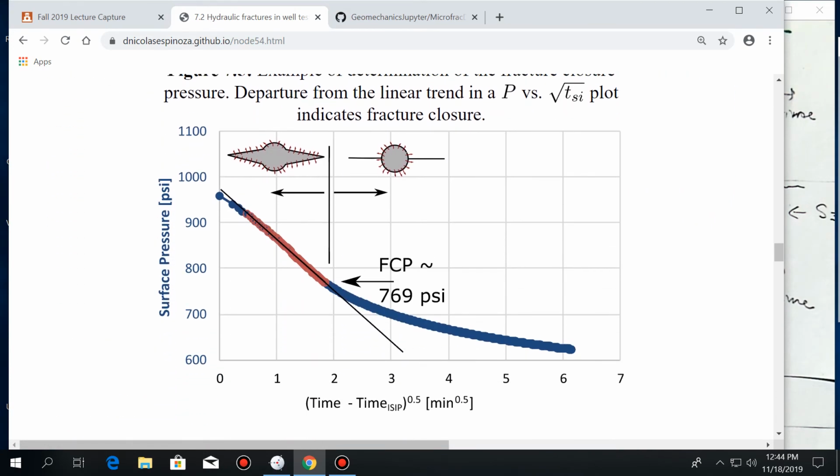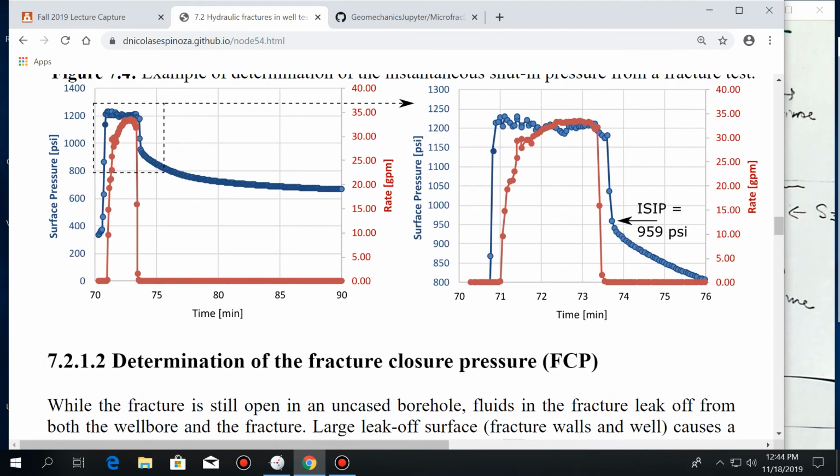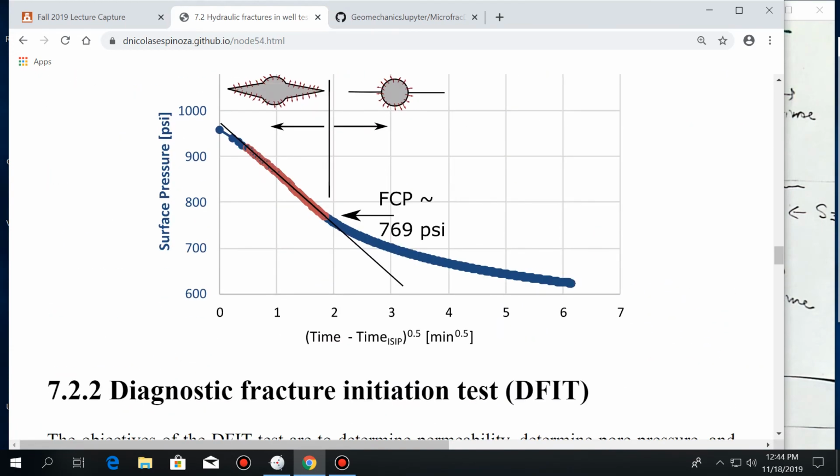And what you're going to see is something like this, where again time 0 now is shut-in. So time 0 is somewhere over here, which in actual time is 73.6 or 7 minutes, something like that. But now I make that 0, and for the time after that you take the square root, and you're going to see something like this.